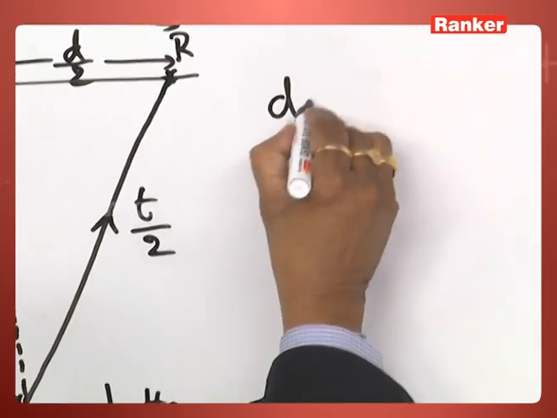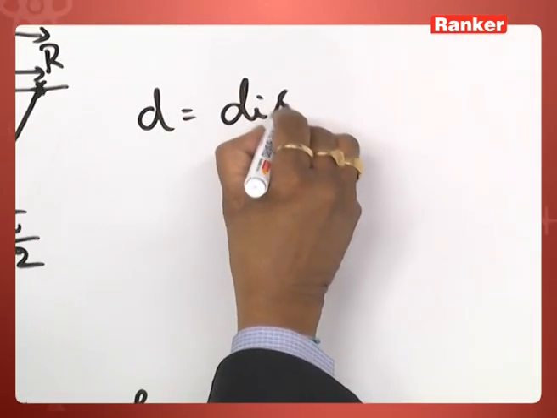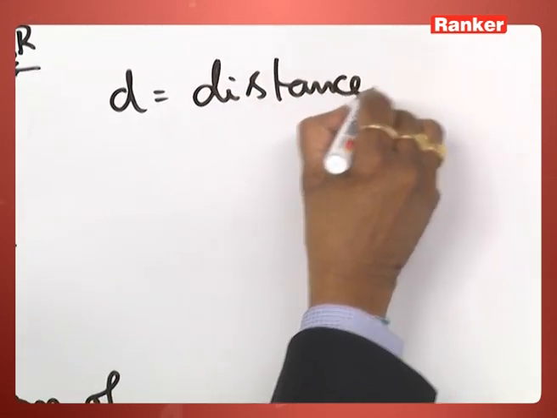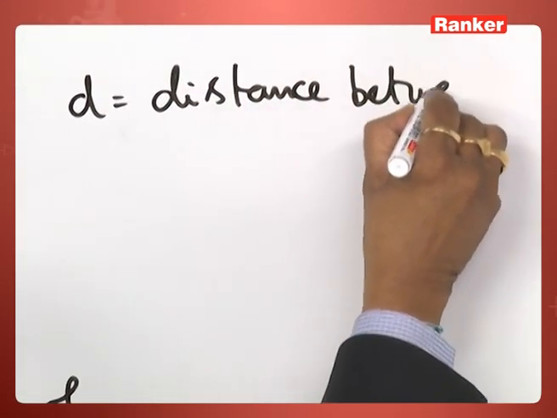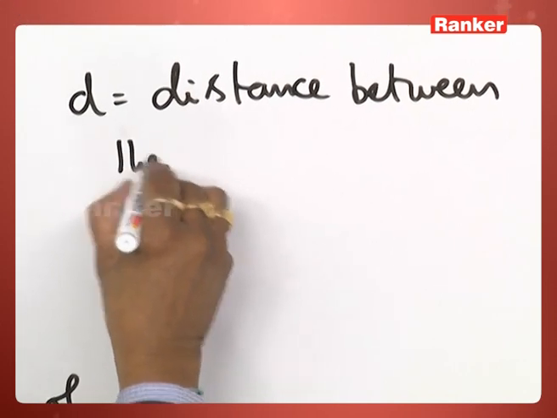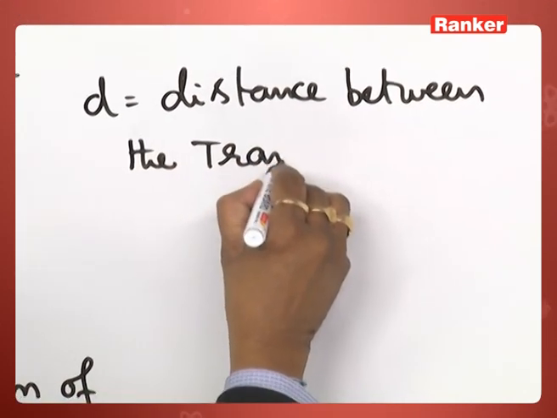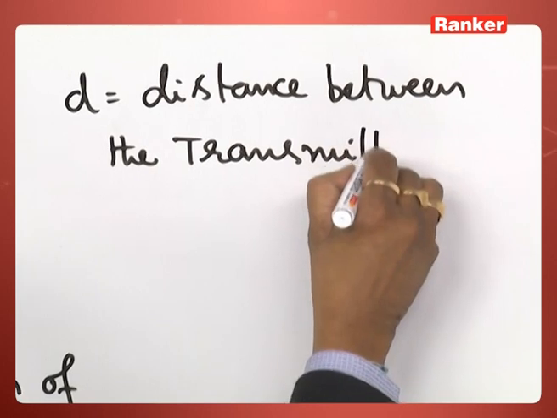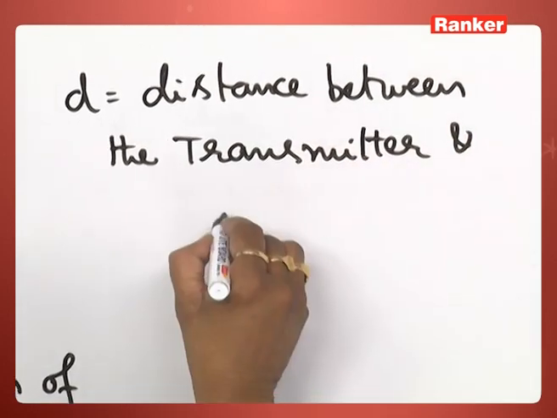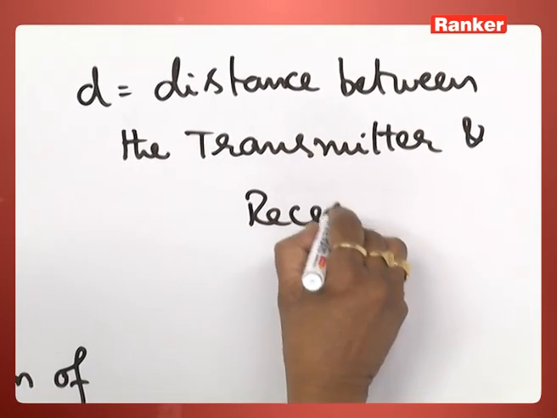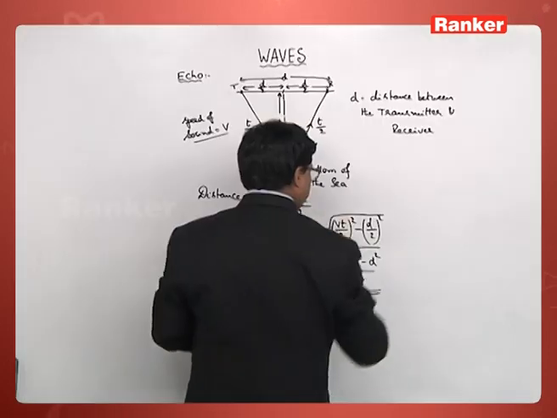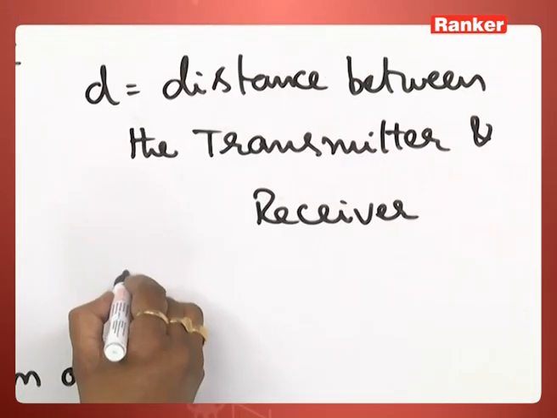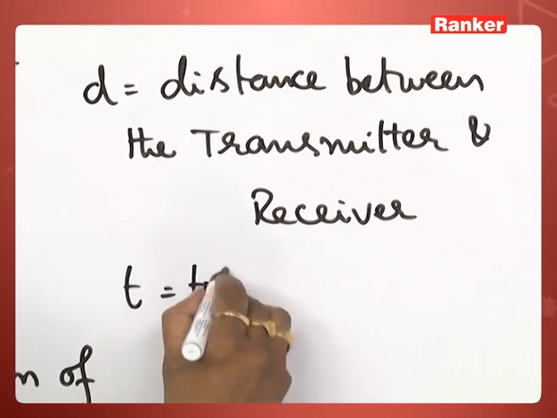Here d now stands for distance between the transmitter and receiver, that is d. And what is this t here?